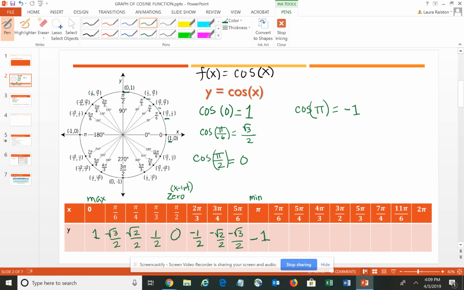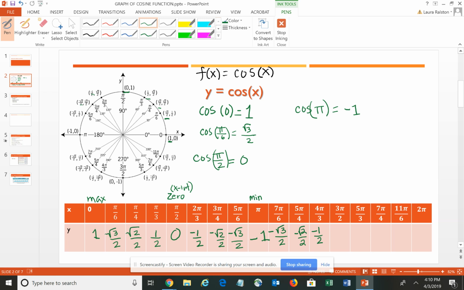So then cosine of 7 pi sixth, you would have negative square root 3 over 2. Cosine of 5 pi fourths is negative square root 2 over 2. Cosine of 4 pi thirds is negative 1/2. Again, reading the unit circle.